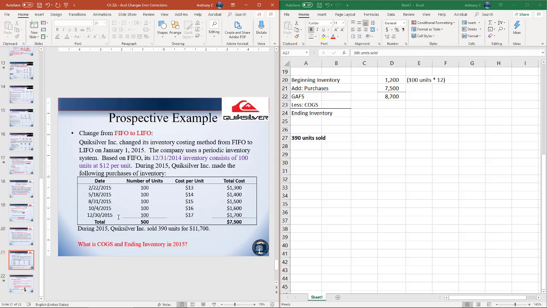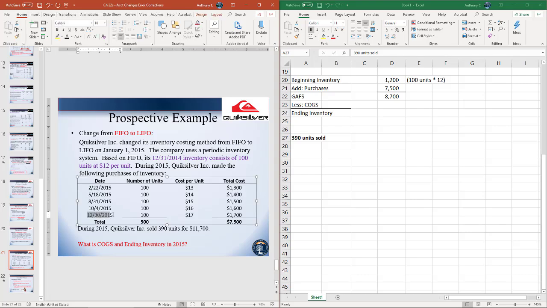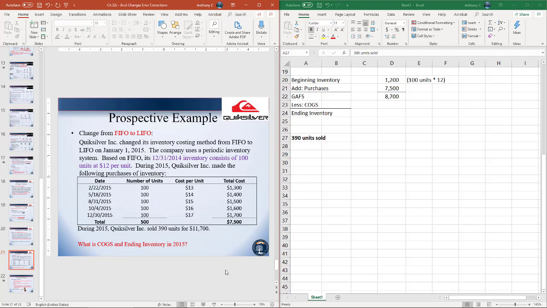Since it's last in, first out, we'll begin with the very last date, December 30th, 2015. Right, we would assume we sold these units first. So on this date, we had 100 units. I'm just going to create a table here to make this easier to see. So units and our cost.